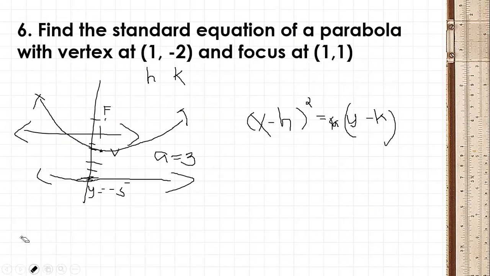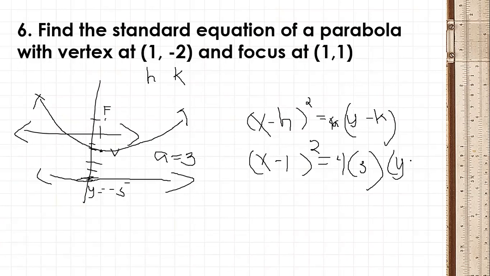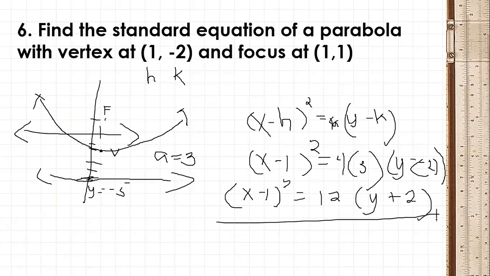Our h is 1, so (x minus 1) squared is equal to 4 times our a, which is 3, times (y minus k). Our k is negative 2. So (x minus 1) squared is equal to 4 times 3, 12, times (y plus 2), since negative times negative would be positive. So this is the standard equation of our example number 6.